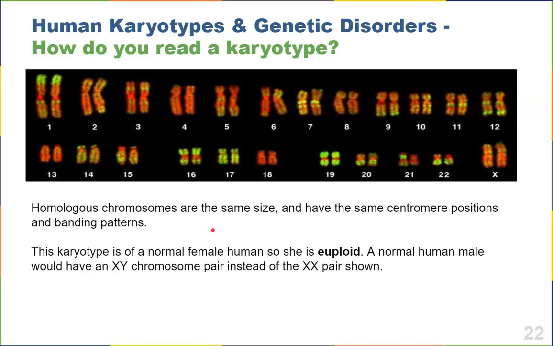The genetic test is just to see if the baby is going to have a genetic disorder, because genetic disorders increase with maternal age. So the older a woman is, the more likely she is to have a baby with a genetic disorder.